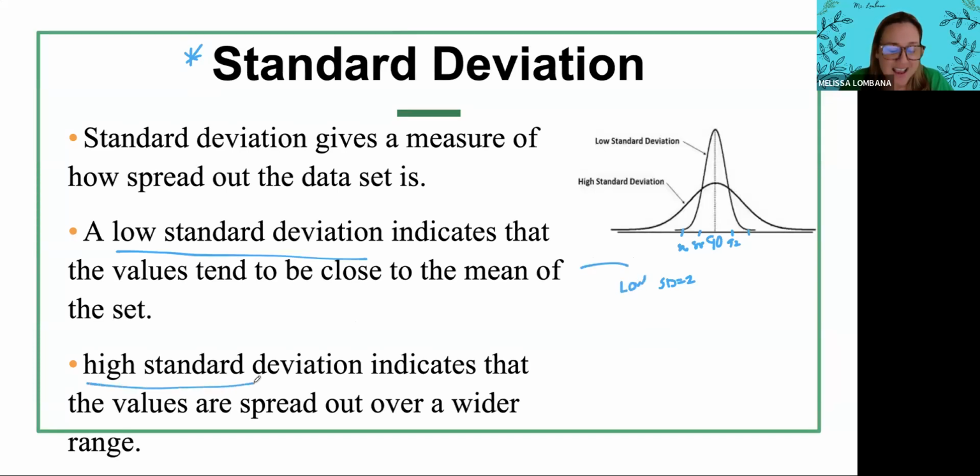Now, if it's a high standard deviation, write that down as well. That means that the data or the values are further away from the mean, which is not always great.